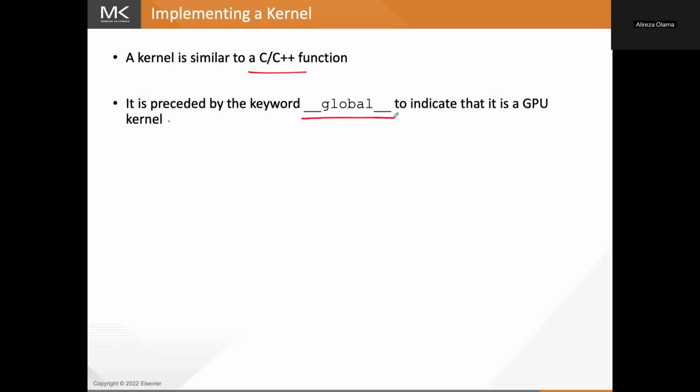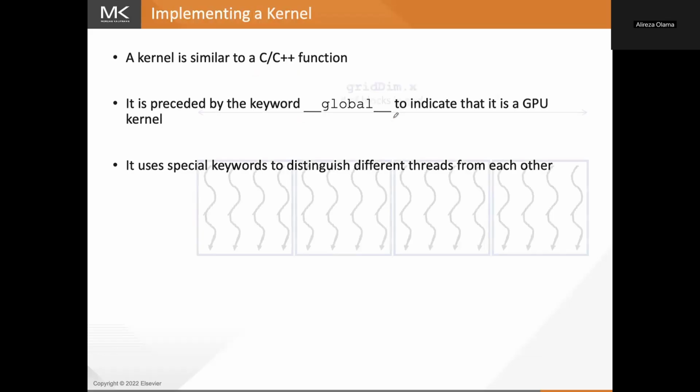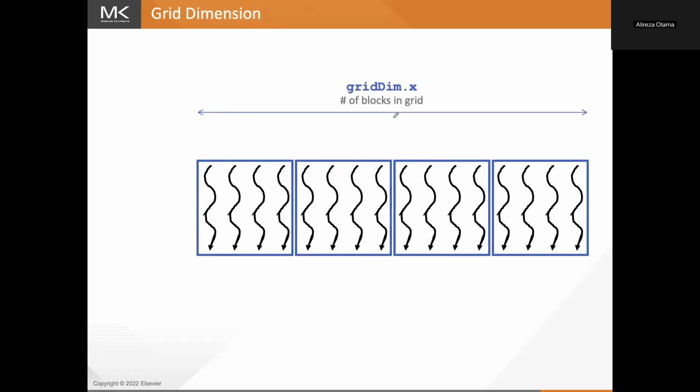If you annotate a function in C with this keyword, then the CUDA compiler will understand that it's a kernel and not a typical C function, and it should be compiled to run on the GPU, not on the CPU. Okay, so it's a kernel.